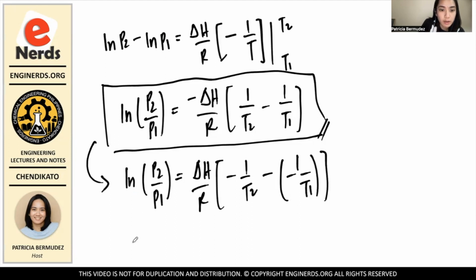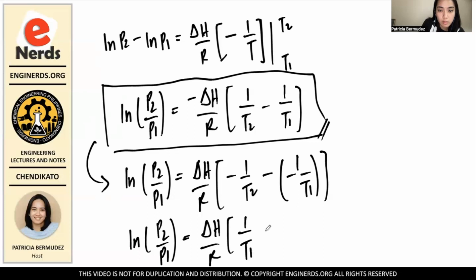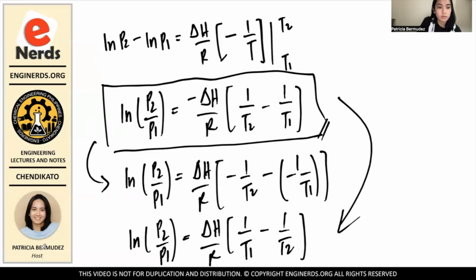So, simplifying that, it'll be ln P2 over P1 is equal to delta H over R times, this one will be positive, 1 over T1 minus 1 over T2. So these are the same, it's just that we distributed the negative sign. And that is our formula for the Clausius-Clapeyron equation.